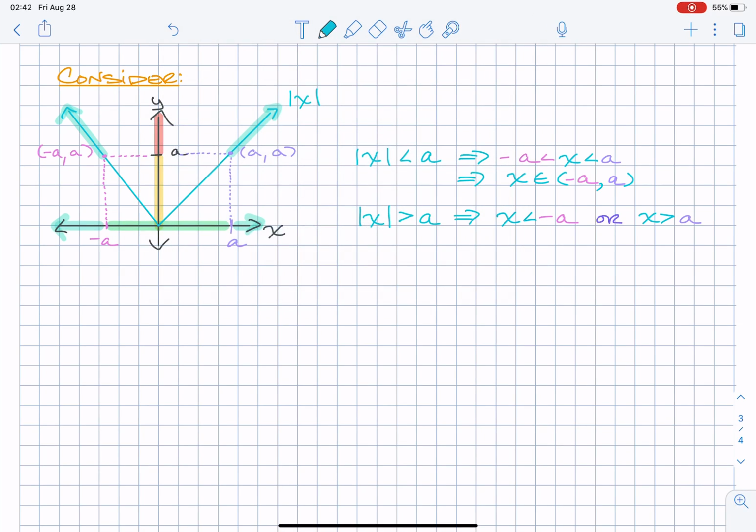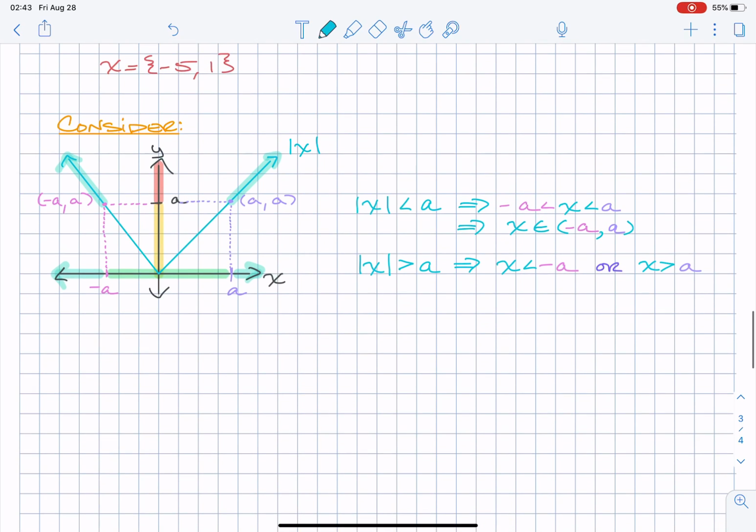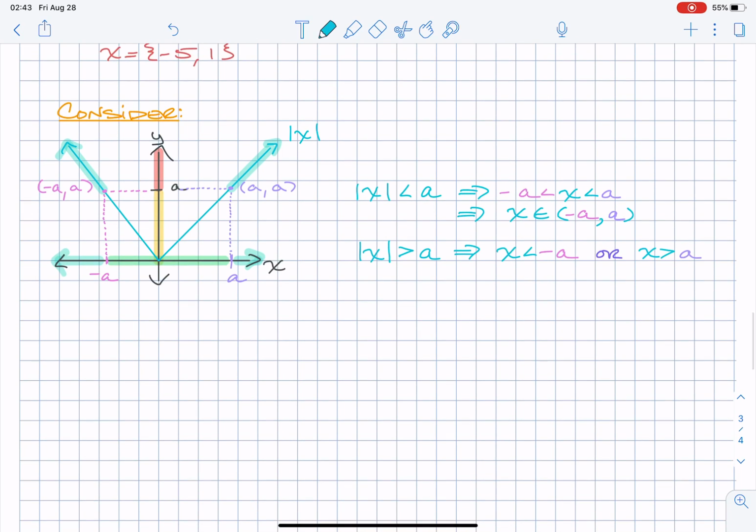That suffices. Okay, so hopefully this graph makes sense.